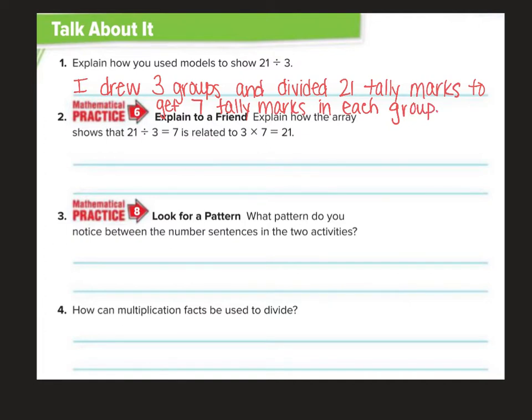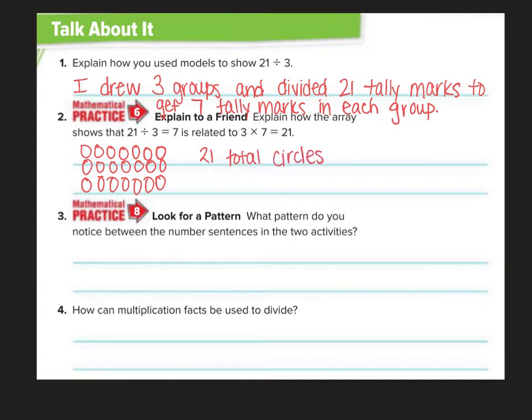Explain how the array shows that 21 divided by 3 equals 7 is related to 3 times 7 equals 21. Okay, well, let's just draw it out. So if I have 1, 2, 3, and 1, 2, 3, 4, 5, 6, 7. Let's fill it in. Okay, so I have 21 total circles.